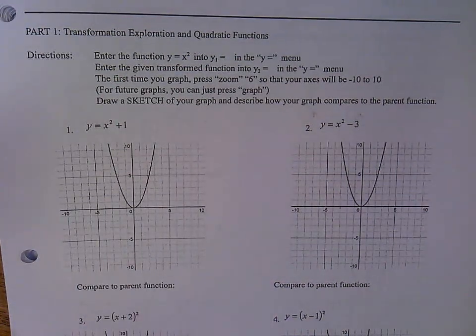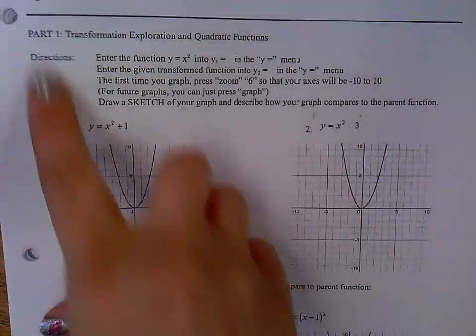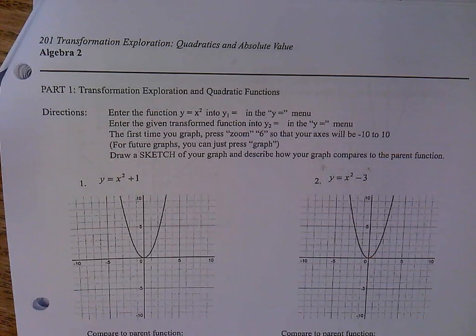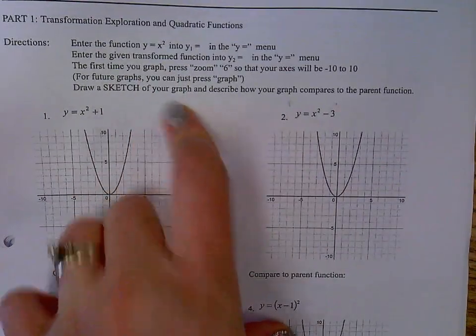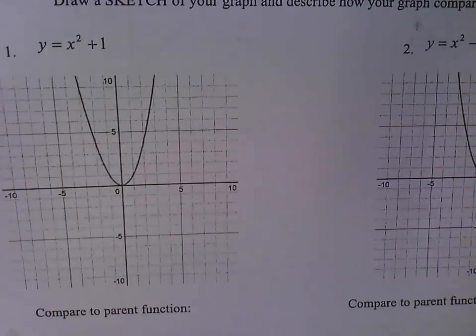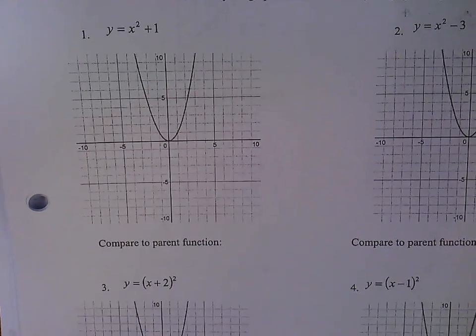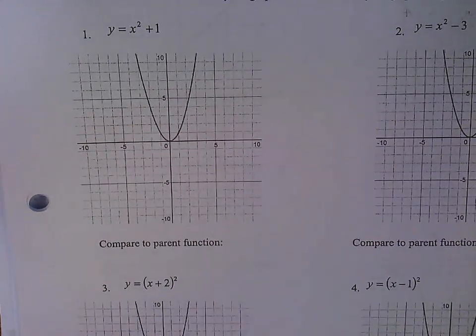And then that way you can go through 2 through, this is page 201, sorry. It was right in between what we were doing. So 201. I listed all the steps up at the top, but I'm just going to do number 1 with you, and then you can go through and do the rest of the quadratics, and I'll do number 1 on the next page with you, or say number 9.